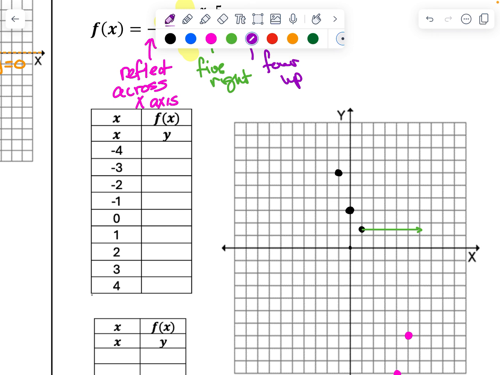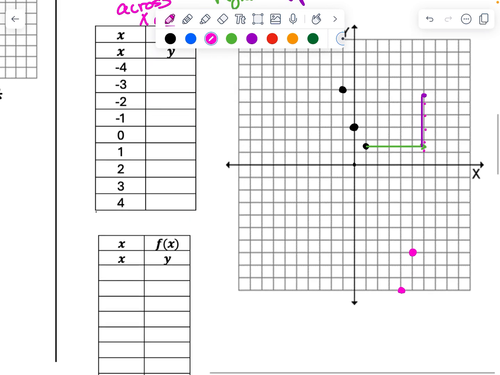Let's move it 4 spaces up: 1, 2, 3, 4 spaces up. That puts it about right there. And then let's reflect it. So it is 1, 2, 3, 4, 5.5 spaces above. So it should be 5.5 spaces below. So it should be about right there.